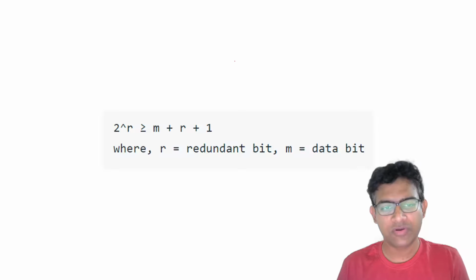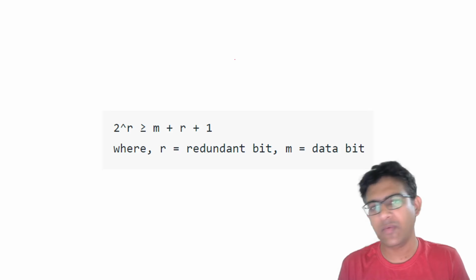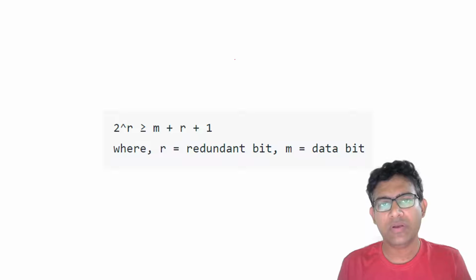And for Hamming codes, you are able to correct a single bit error. So while transmitting the code word, if a single bit error has occurred anywhere in the code word, you will not only be able to detect that error, but you will also be able to correct that error, only 1 bit though.